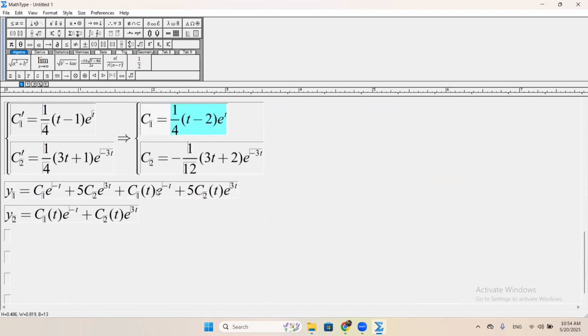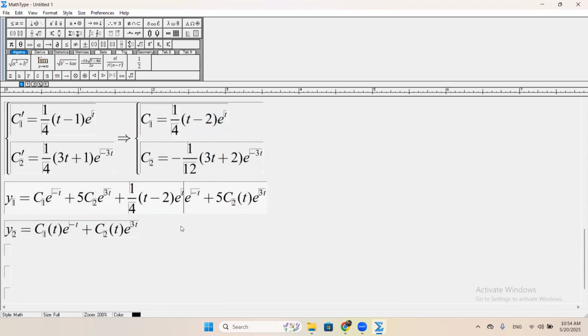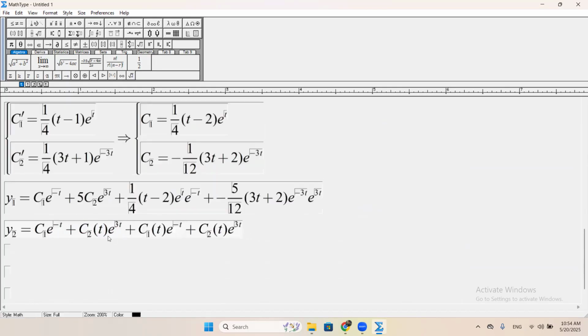So this expression, and here will be this expression, so minus 5/12. And for this, let me copy and paste it here. And here we'll erase t already. And doing actually the same thing.